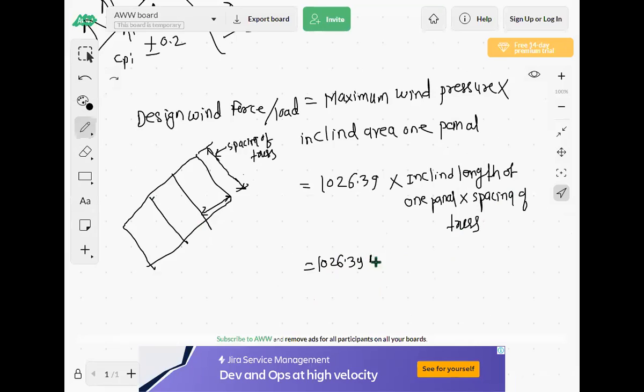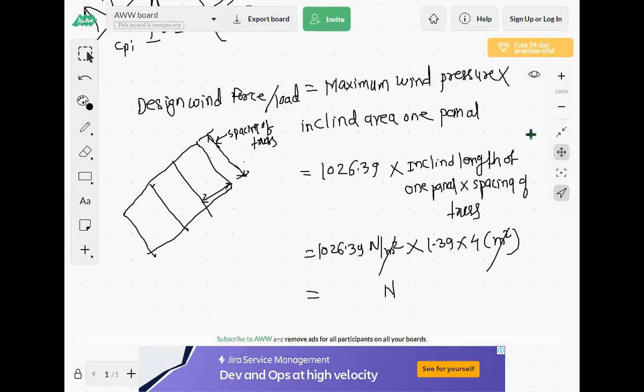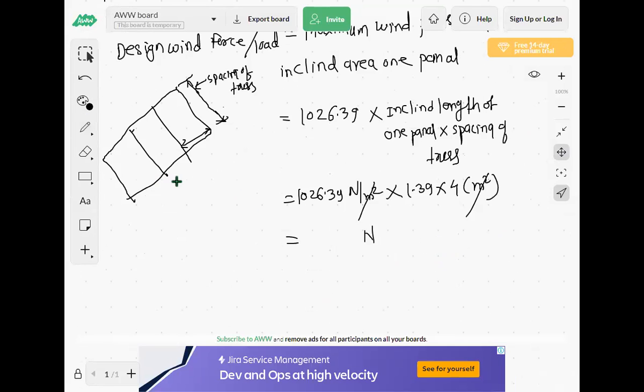So now this answer is in Newton per meter square into 1.39 into 4. This is in meter square. So this meter square will get cancelled. So how much will the answer be in Newton? This is the total wind force.